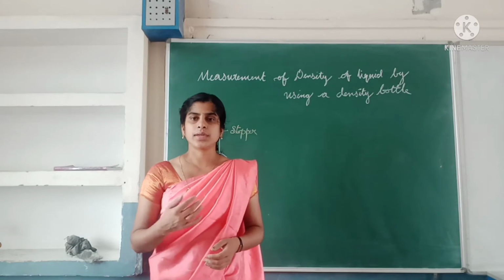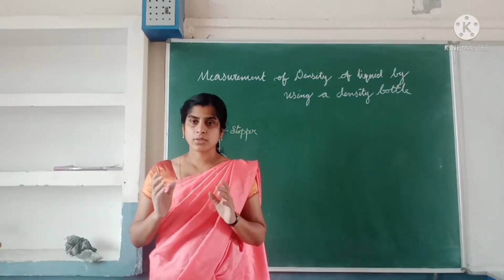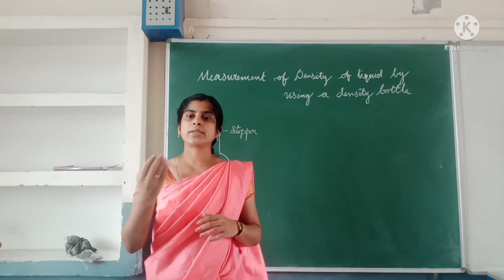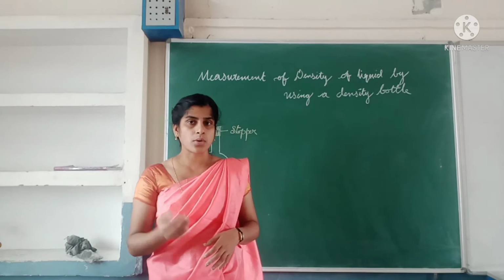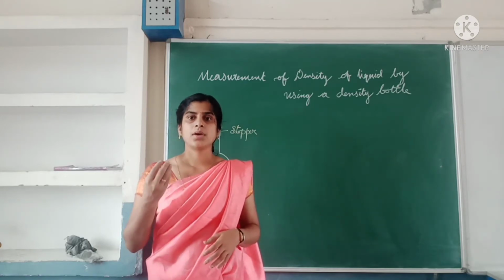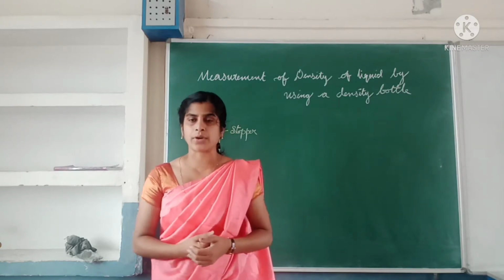In the last video we discussed the determination of the density of a solid using a measuring cylinder, and the determination of the density of an irregular solid using a Eureka can.